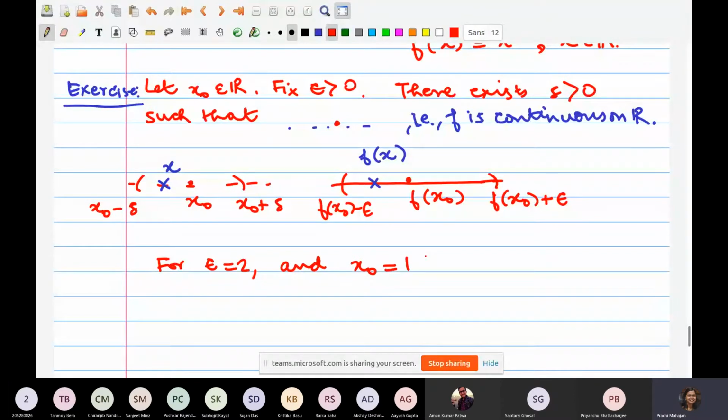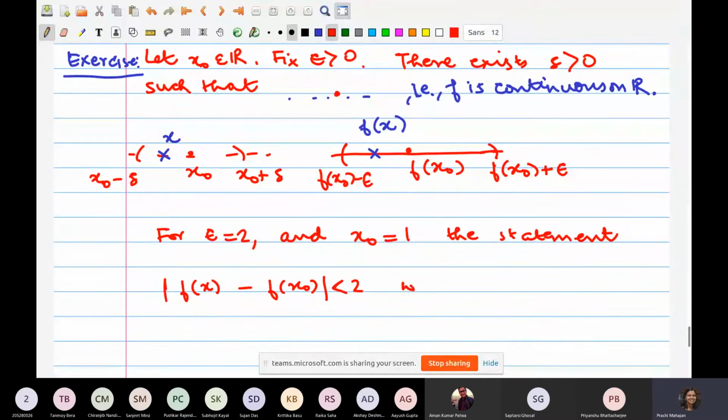Maybe the question that I'm asking is not very clear. So for epsilon equal to 2 and x naught equal to 1, the statement that whenever x is in the delta neighborhood of x naught, then f of x would be in the neighborhood of f of x naught of length 2, is true for x naught equal to 1.